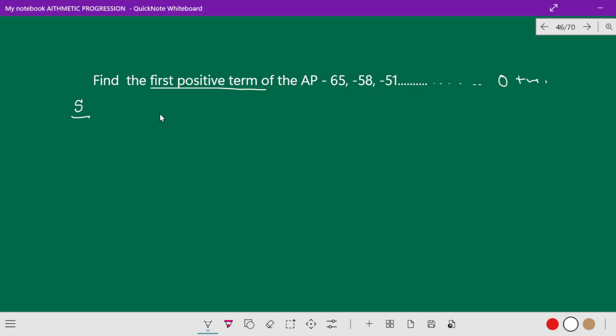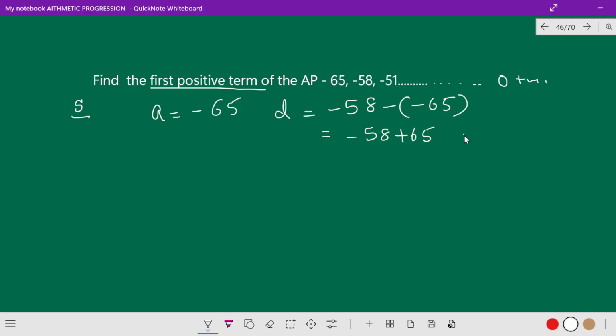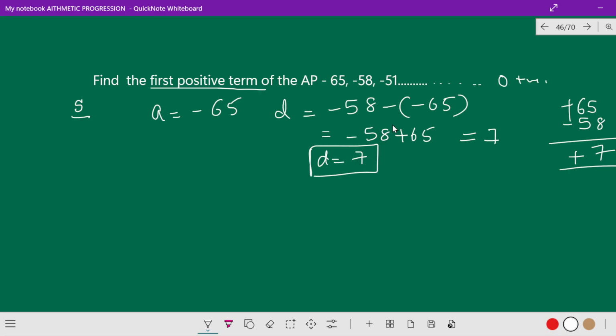The first term a is -65. d is -58 minus of -65, so this becomes -58 plus 65. The answer is 65 minus 58, which is 7. So the d value is 7.